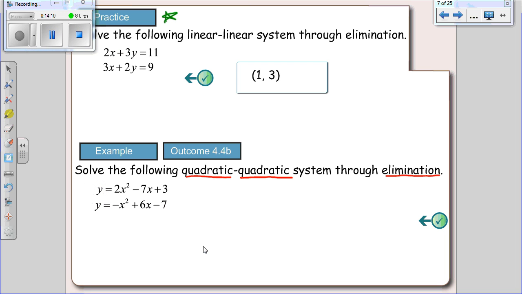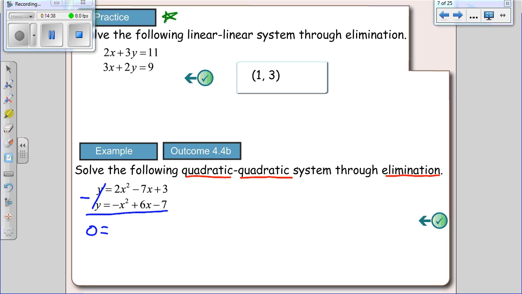Now we have to decide if we want to add or subtract. We're going to subtract because they're both positive y's. Anytime they're the same symbol, whether positive or negative, you're going to subtract your equations. If they're opposite, then you want to add. Y minus y is 0 equals 2x squared minus negative x squared is 3x squared.